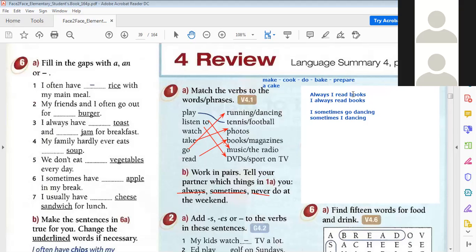Okay, which one is correct? Always I read books. I always read books. Sometimes go dance. In the first two, I think I always read books. Right, that's correct. And in the second group? I say sometimes go dancing. Right, excellent, that's great. Okay, very nice.